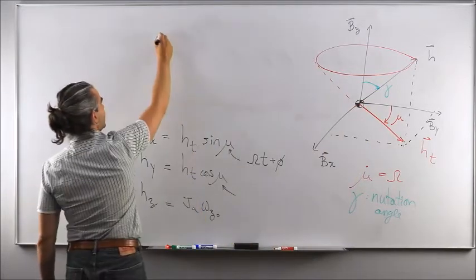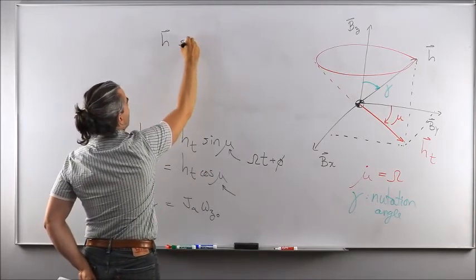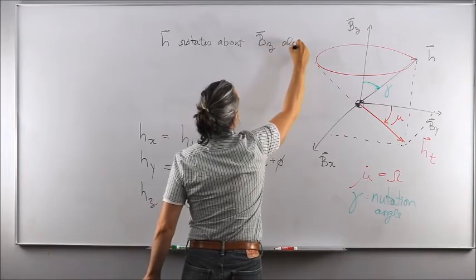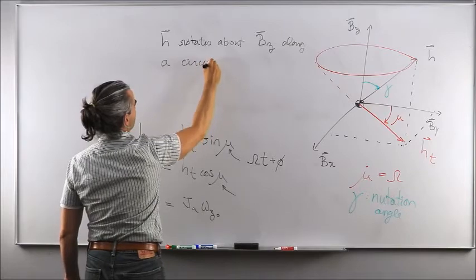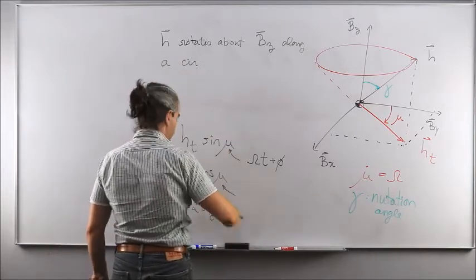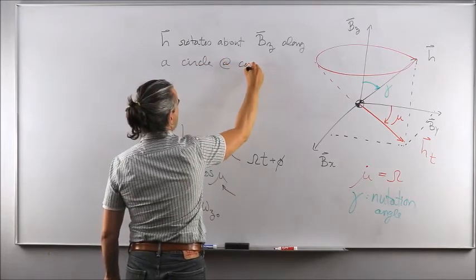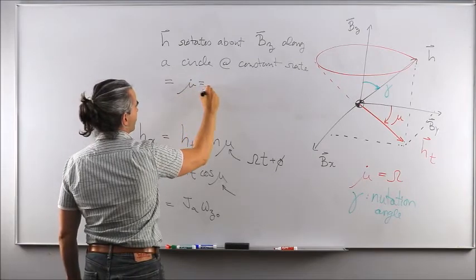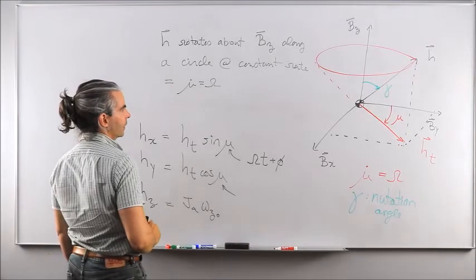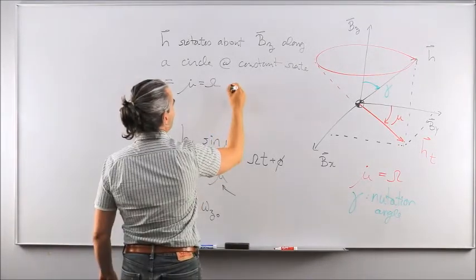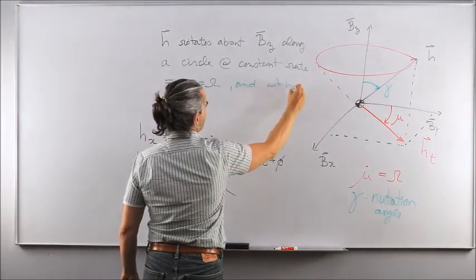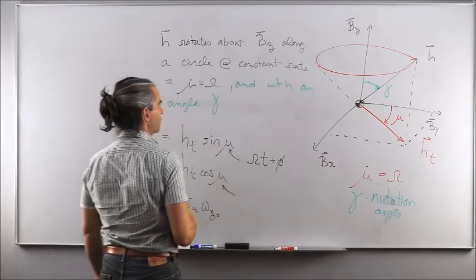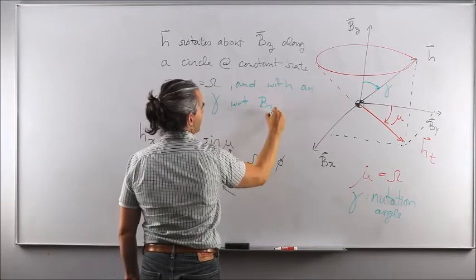We're going to say that h rotates about bz, or around bz, along a circle, at a constant rate equal to mu dot, equal to the relative spin rate, and with an angle equal to the nutation angle with respect to bz.